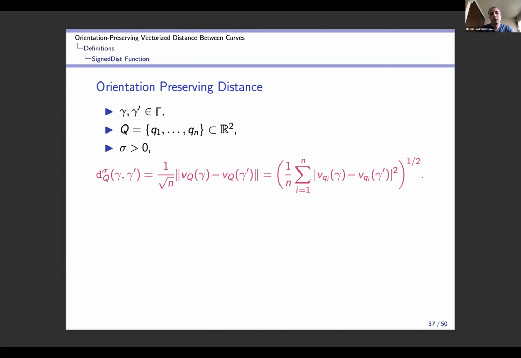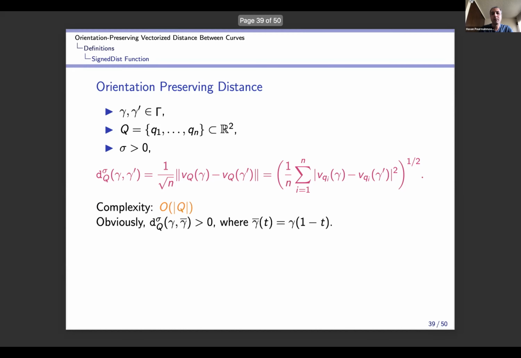So it's just the normalized Euclidean distance between two vectors. The complexity is big O of the size of Q, and because we're using the VQ sigma function, it's obviously considering the orientation of the curve. So it will assign a positive value for two curves that are geometrically the same, but with different directions.